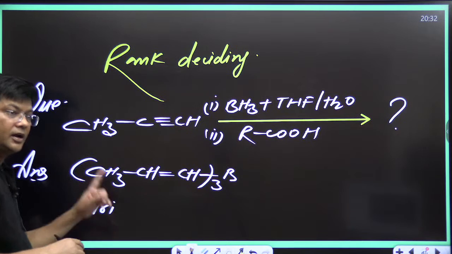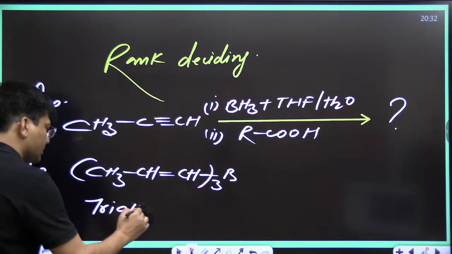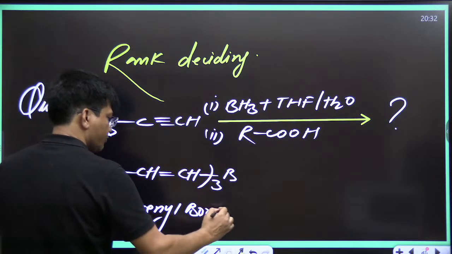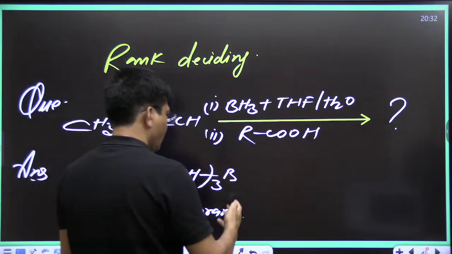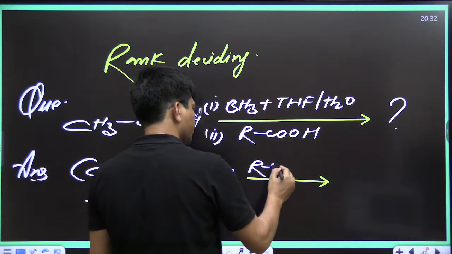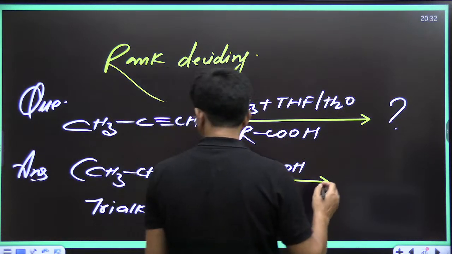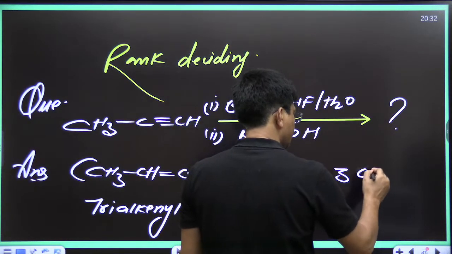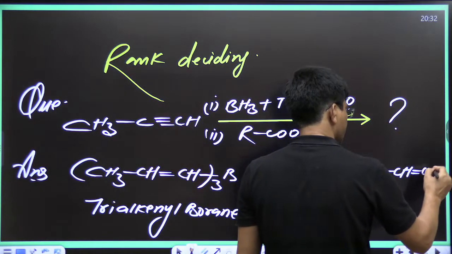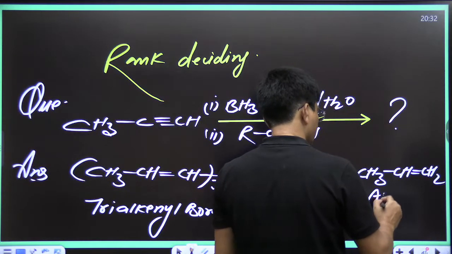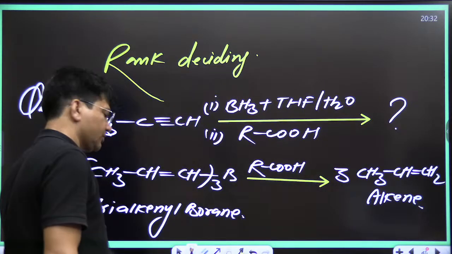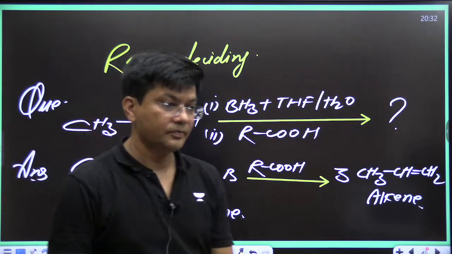Kids, there it was trialkyl borane, here trialkenyl borane. Now this trialkenyl borane on reaction with RCOOH, protonolysis, so you'll get 3 moles of CH3 CH double bond CH2. So here alkene will be the product, my dear friends. So this reaction becomes important because it is not given in NCERT.